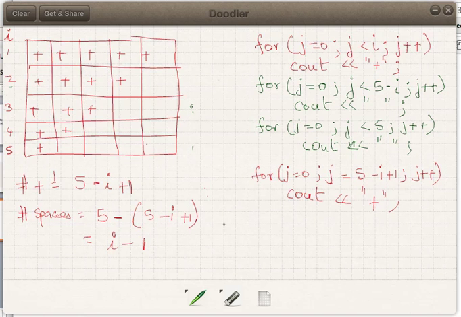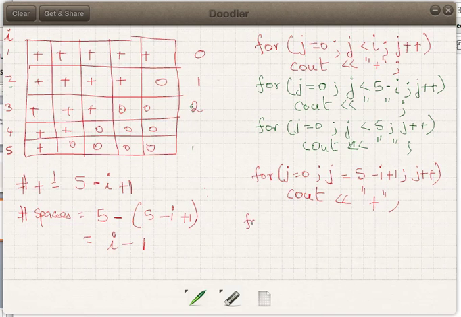How do we get that? Let's go back here. I minus 1: 1 minus 1 is 0, 2 minus 1 is 1, so we have a space. 3 minus 1 is 2. 4 minus 1 is 3. 5 minus 1 is 4. So that is the formula you should use for the last one.